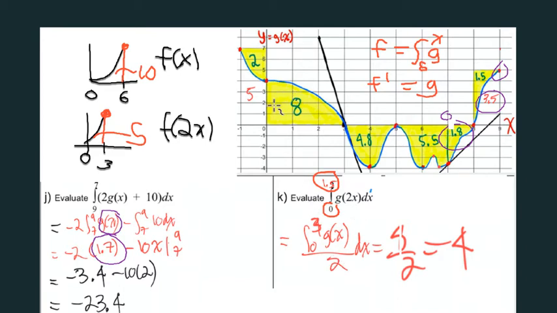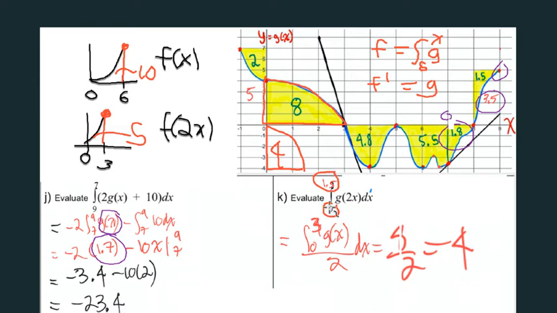This graph would have the same shape as this one, but it would be half as wide. So if this area is 8, this area is going to be 4.